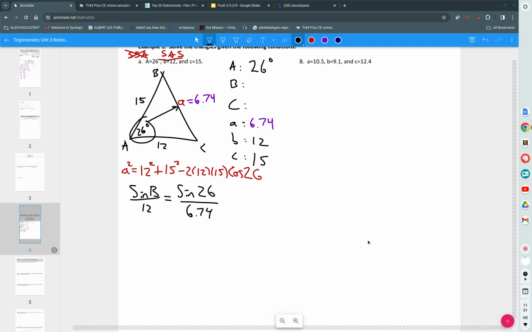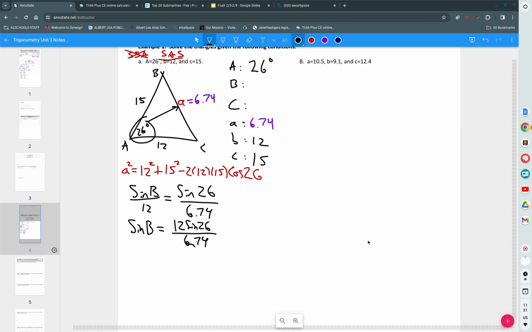So notice how I'm going to try to solve for angle B. Since I'm solving for an angle, I'm not going to cross multiply the whole time. I'm going to go sine of B is equal to 12 sine of 26 divided by 6.74.